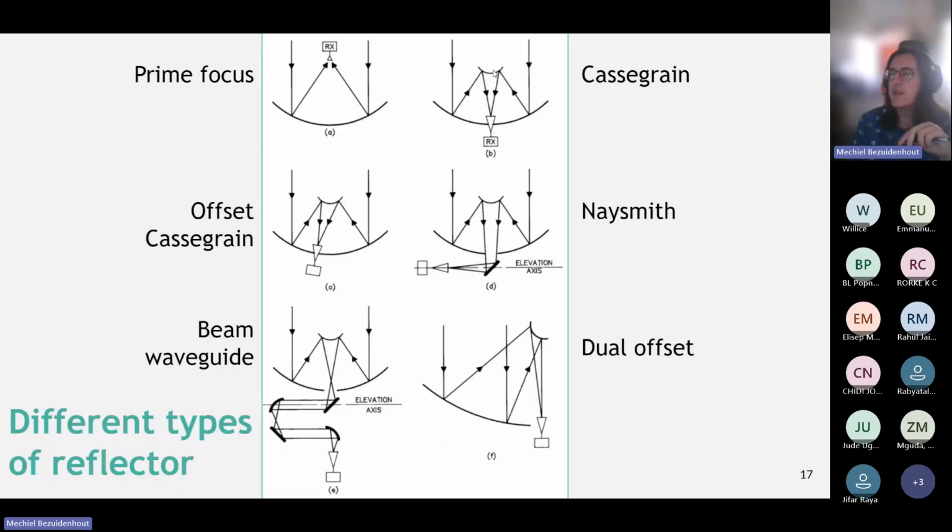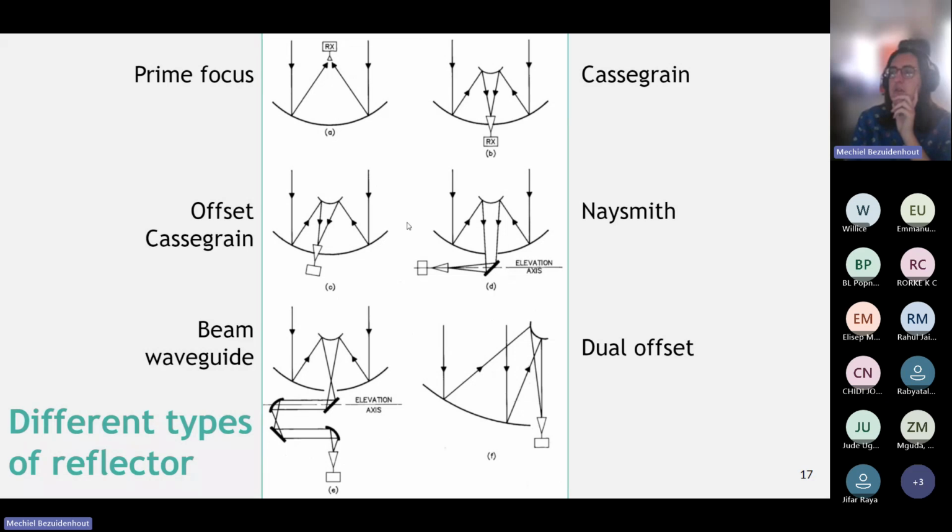So you have this convex secondary reflector that sits at the focus, and it reflects the radiation back towards the primary dish, and then there's a receiver located behind the dish.